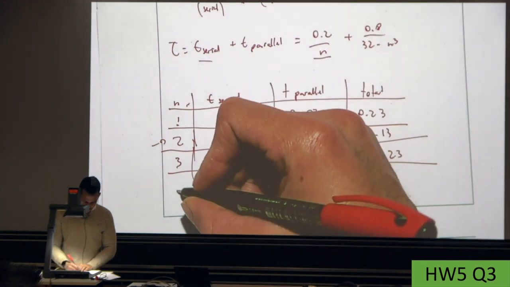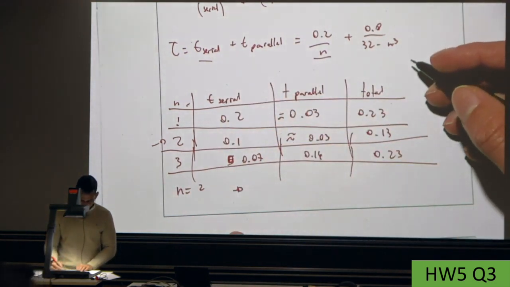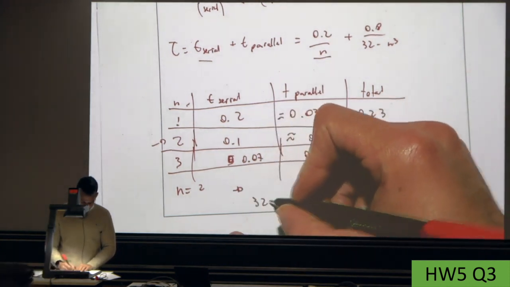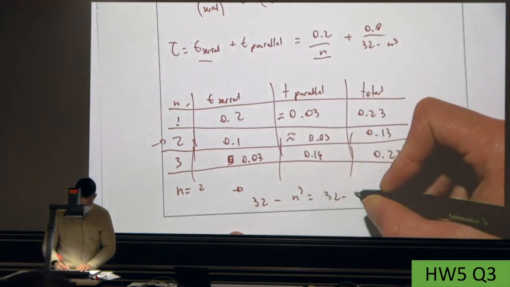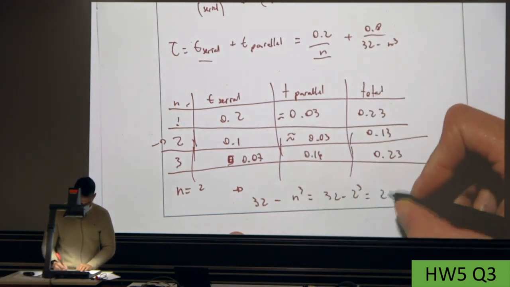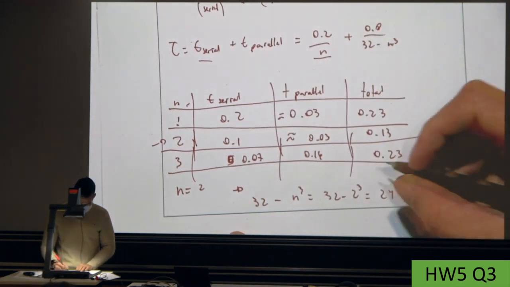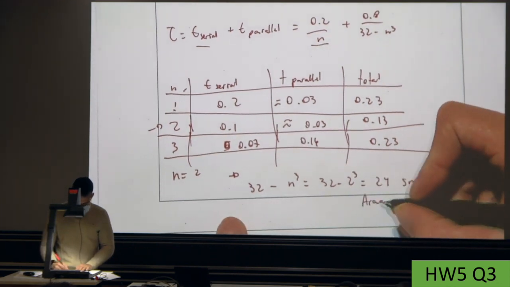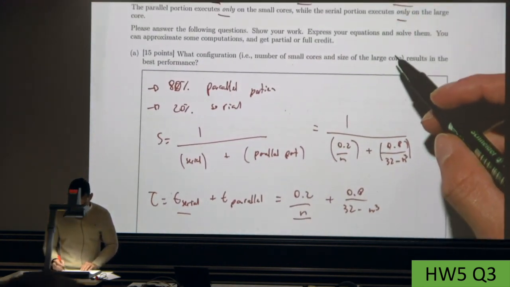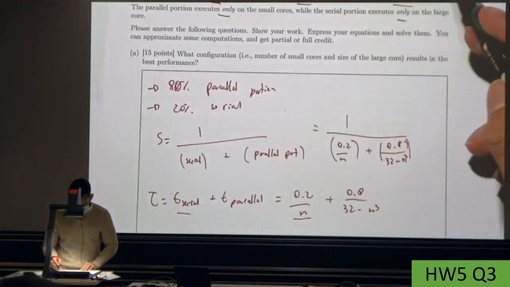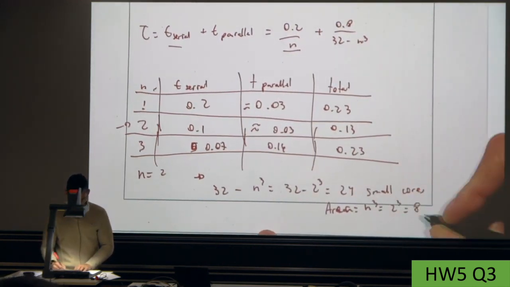So if you have n equals 2, it means that you can place 32 minus n cubed, 32 minus 2 to the third, this is 24 small cores, and the area for the larger core is n cubed, so it is 8.